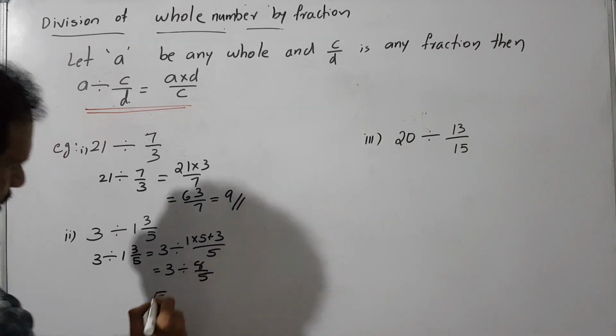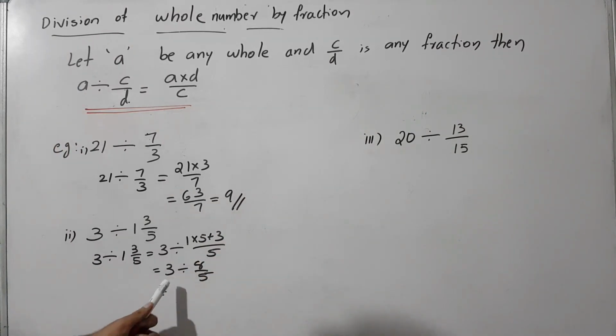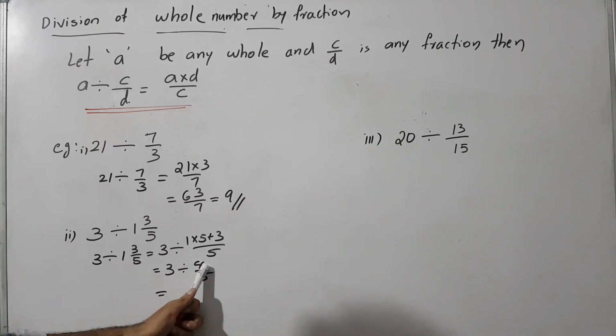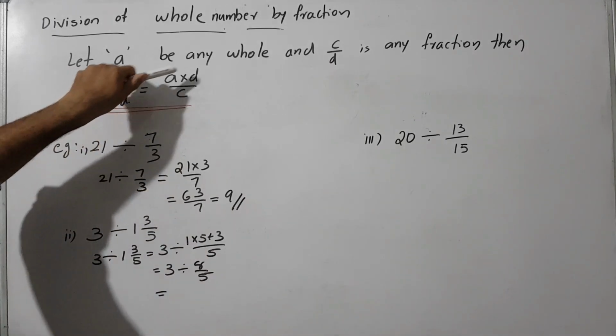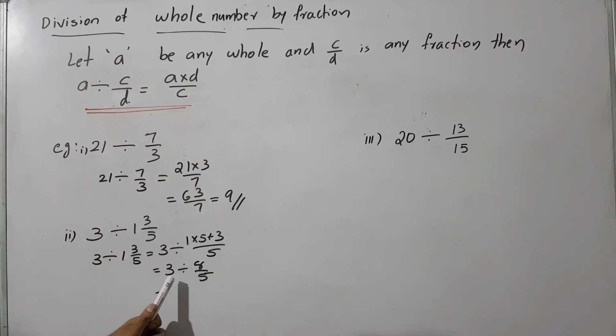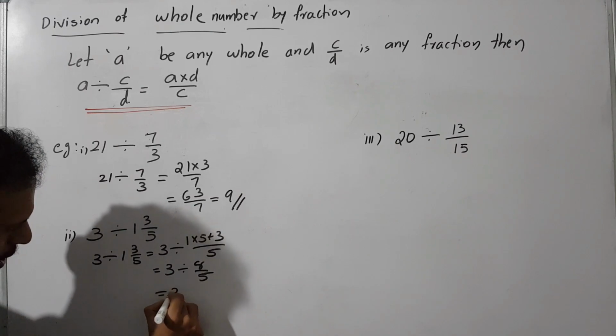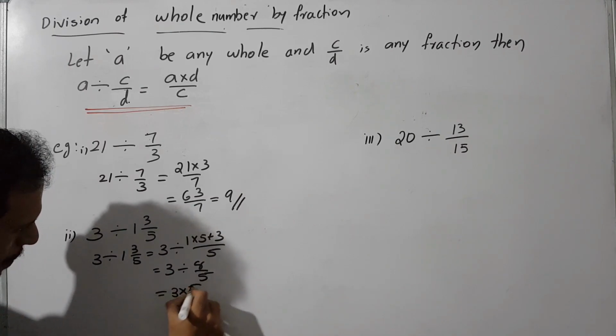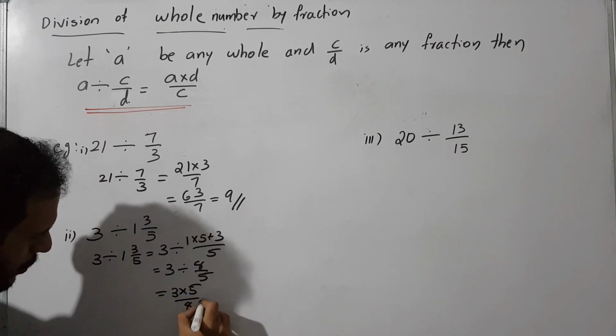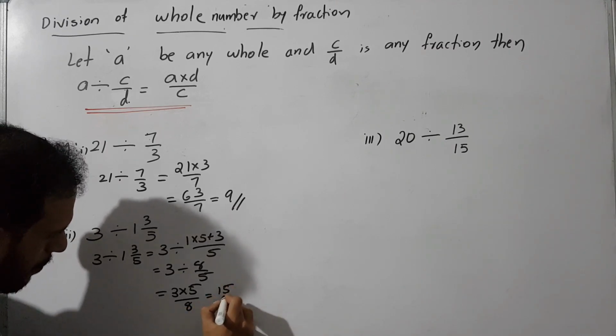Next, now this one is in the form of a divided by c by d. A divided by c by d is equal to a into d by c. A into d means 3 into 5, so 3 into 5 by 8 is equal to 15 by 8.